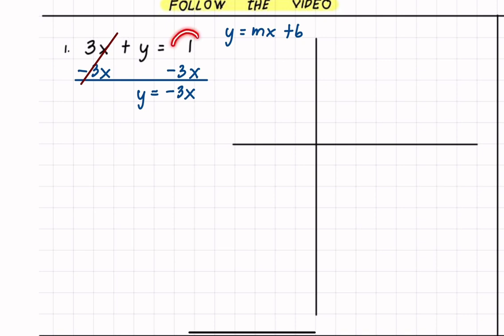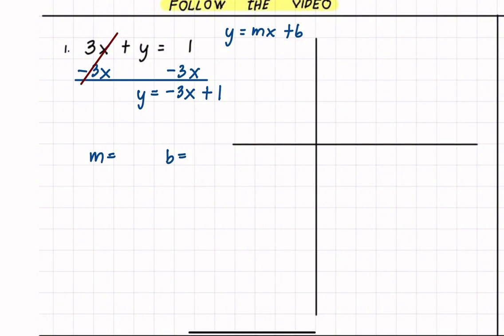Then since the sign of 1 is positive, we put plus 1. Now, y is equal to negative 3x plus 1 is already in the form y is equal to mx plus b. Now we have to determine what is our m and what is our b.